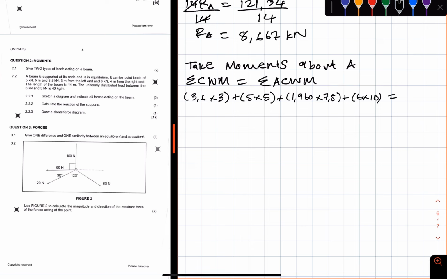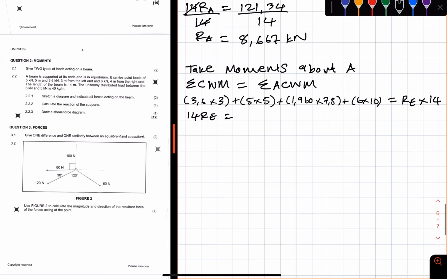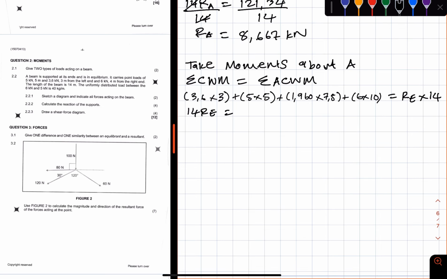Which is equal to the reaction at support E times the perpendicular distance, which is what? 14 meters. Now we're looking for RE, so we're going to make RE the subject. 14 RE is equal to what? Now if you punch what's on the left of this algebraic expression, we are going to get 110.5.